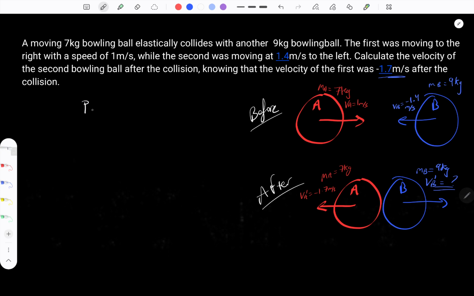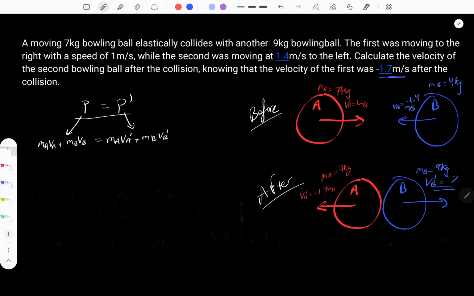So let's start plugging in our numbers. We know that the momentum before the collision is equal to the momentum after the collision. So we expand both sides into MA VA plus MB VB, which is equal to MA VA prime plus MB VB prime.